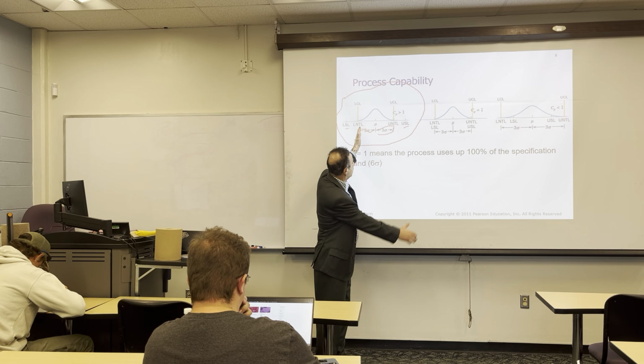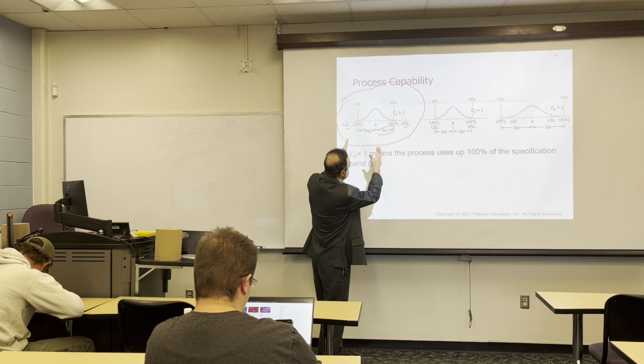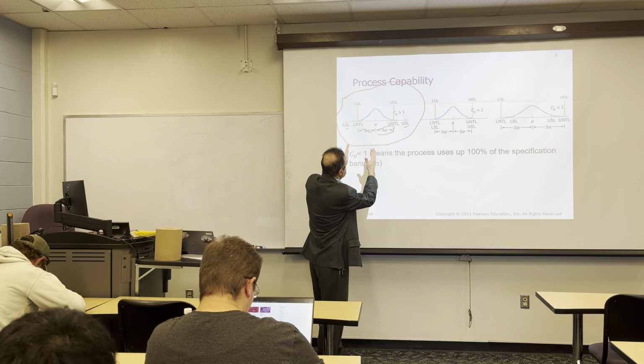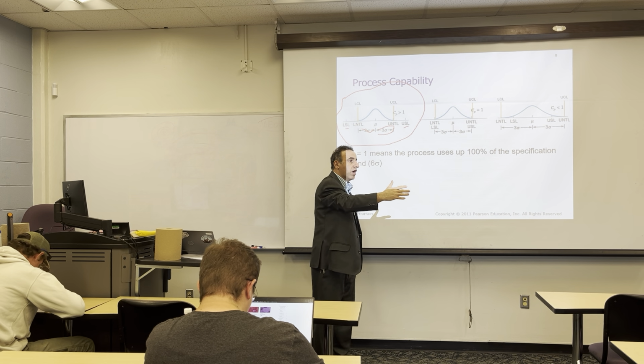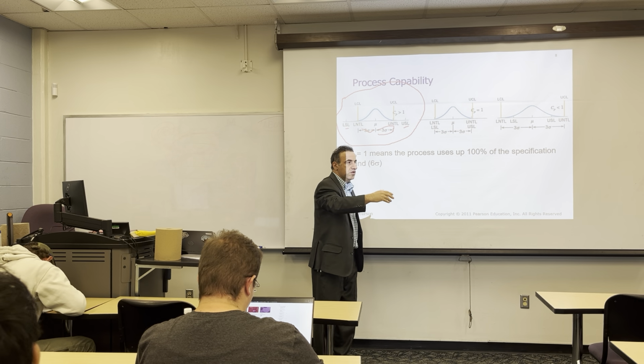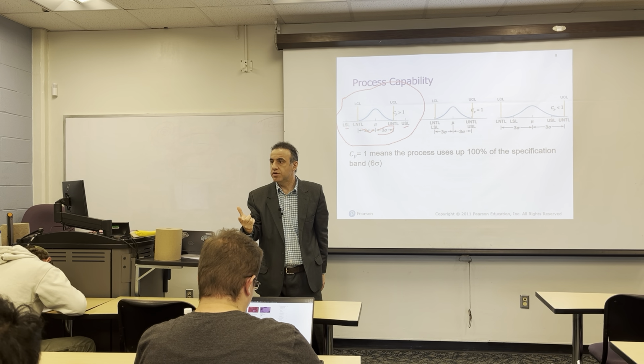This means your process is in control and it's very tight. You're making some part that has very tight tolerance, right? So that tight tolerance is gonna cost you, right?